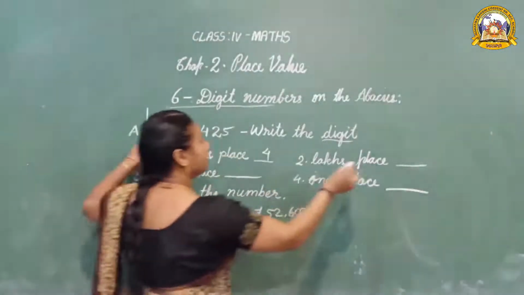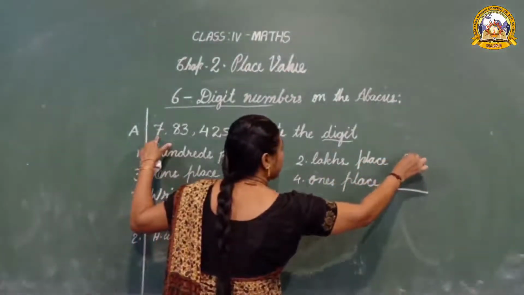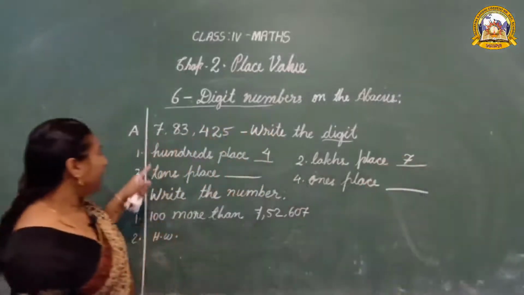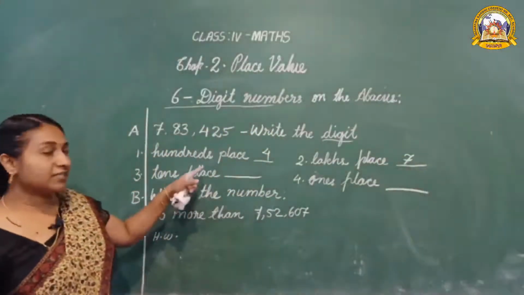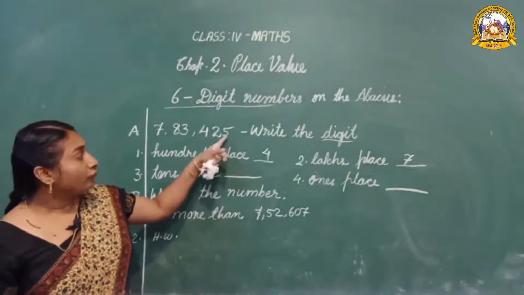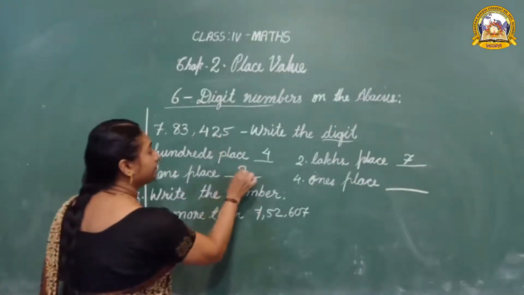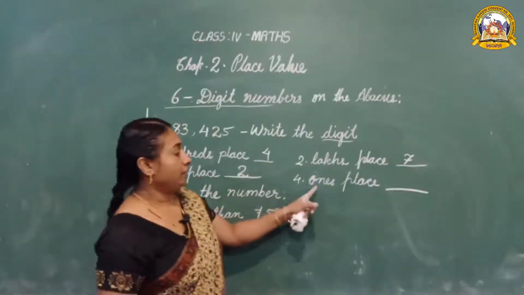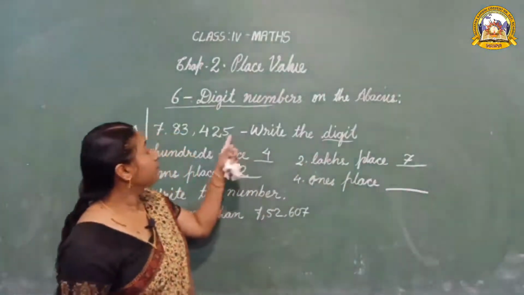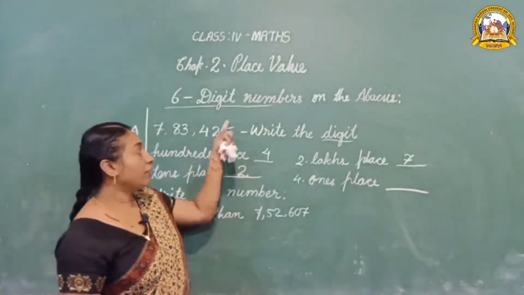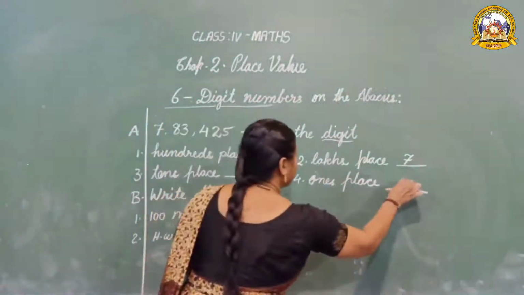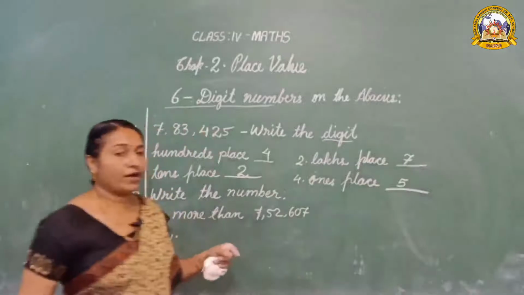So only the digit 7. Next, tens place, which is the digit? Ones, tens, 2 tens. Then at ones place, 5 ones. So which is that digit? 5.